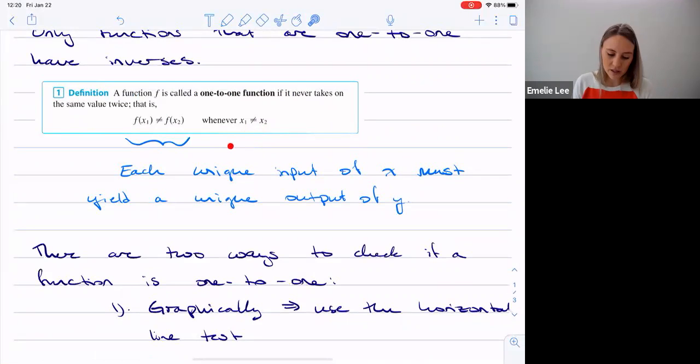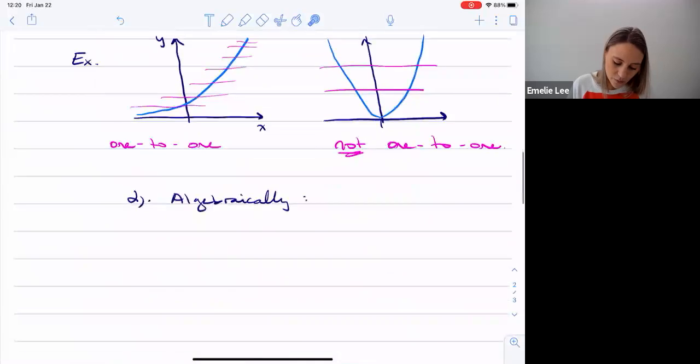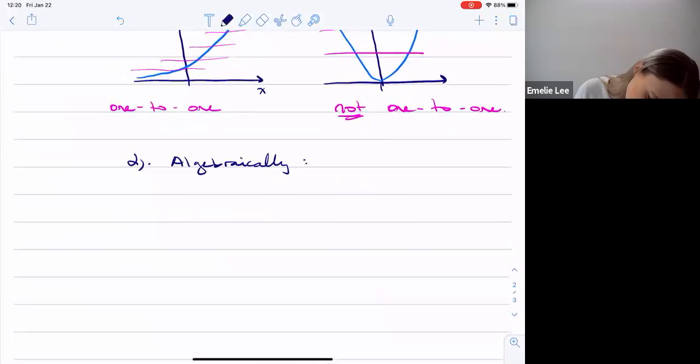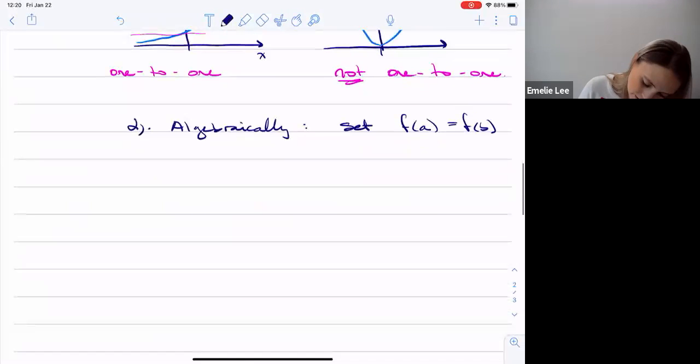And so what we do, to show that a function is 1 to 1, or maybe to show that it's not 1 to 1, is set f of a equal to f of b. Then simplify.